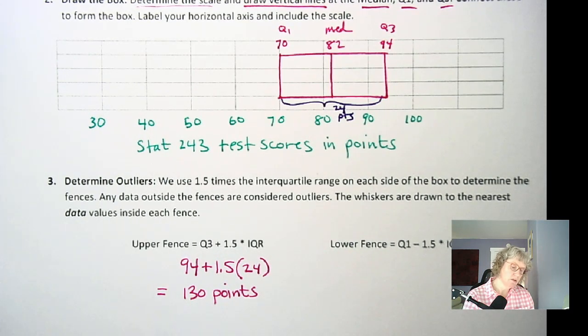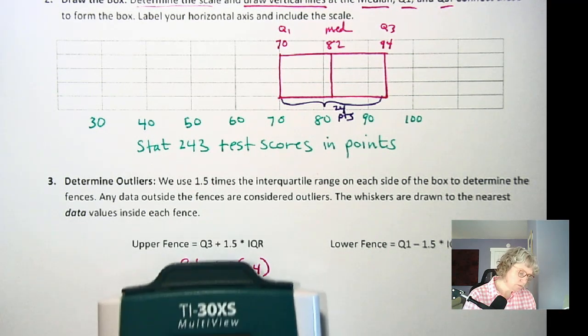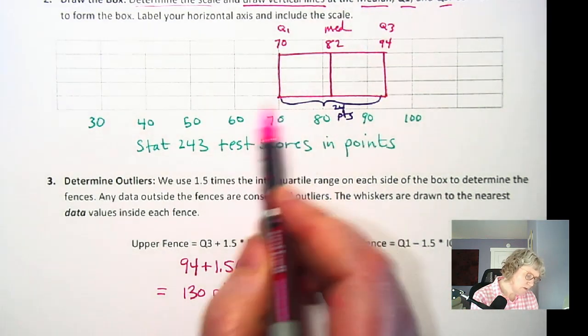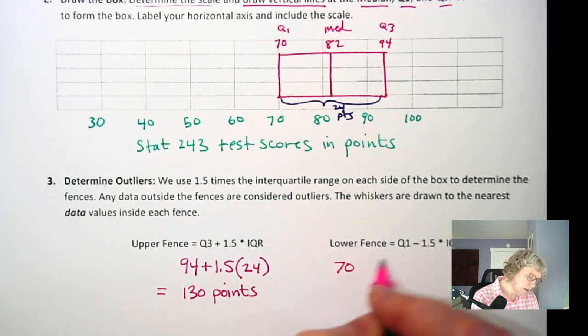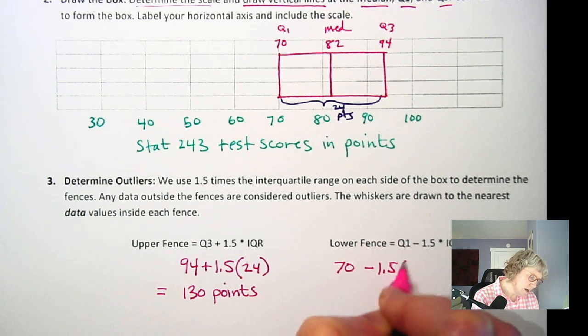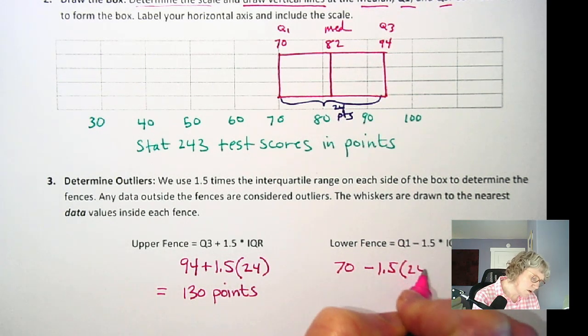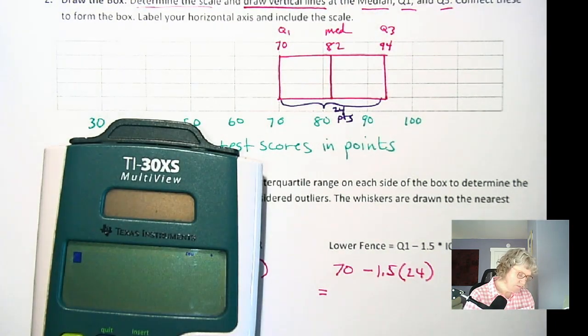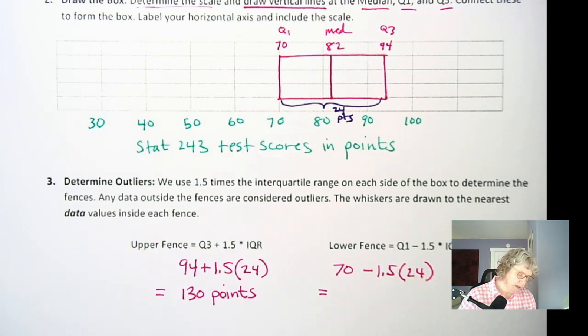Also because it's skewed to the left, we would more expect outliers on the lower side. So let me write out the lower fence formula. We're going to start at the bottom of the box, so 70 minus 1.5 times 24 is equal to 34 points.